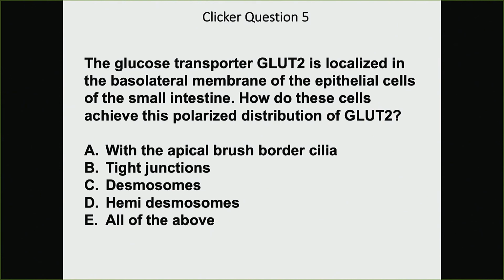How do these cells achieve this polarized distribution of GLUT2? Apical brush border cilia, tight junctions, desmosomes, hemidesmosomes, all of the above?